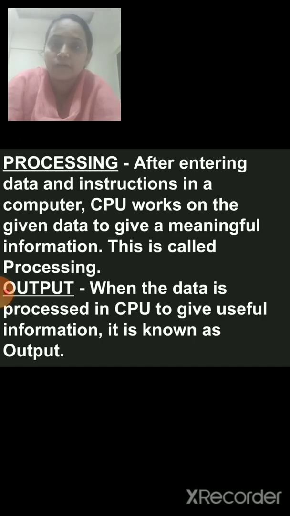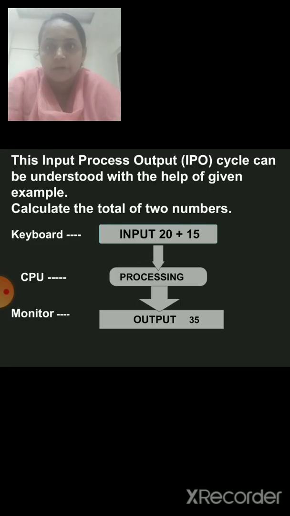Suppose we want to add two numbers, 10 plus 10, typed with the keyboard. The answer is 20. That gets processed in the CPU and then the final result we get on the monitor. That is our output. So output is a final result.